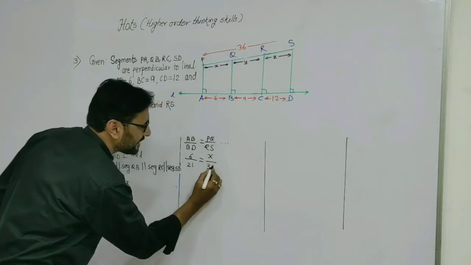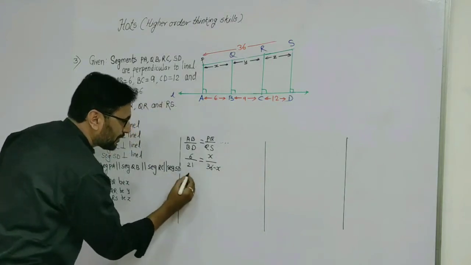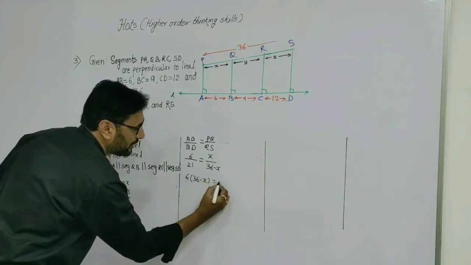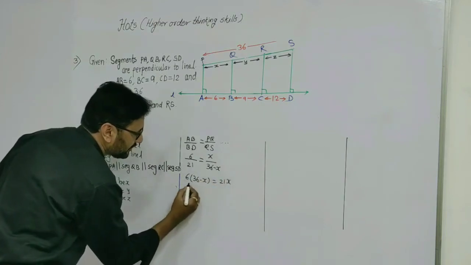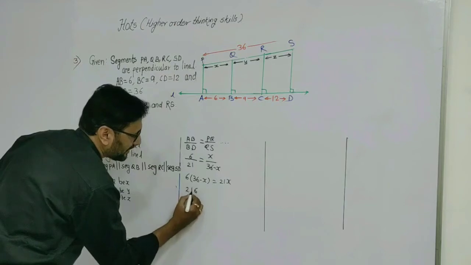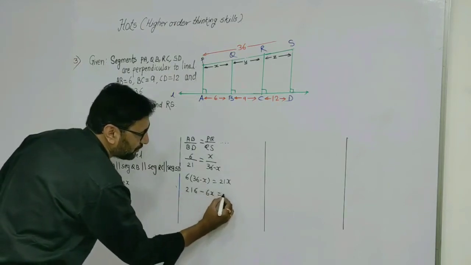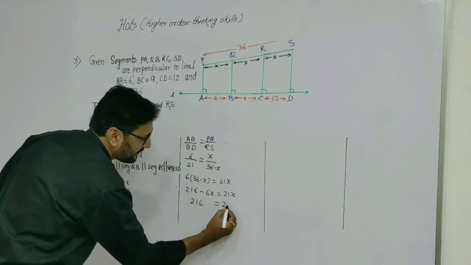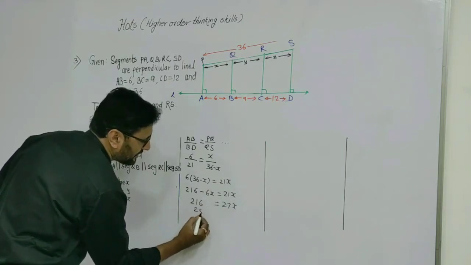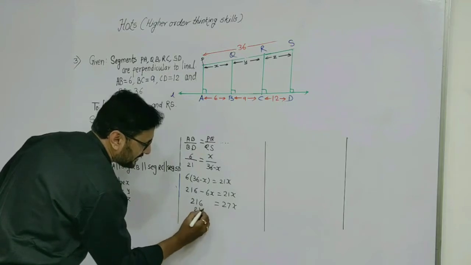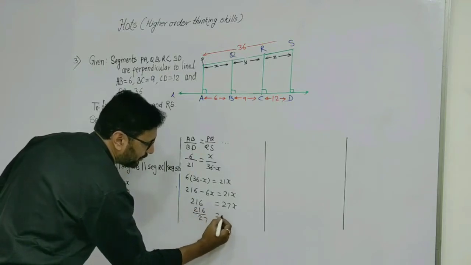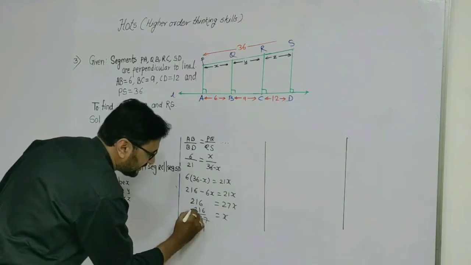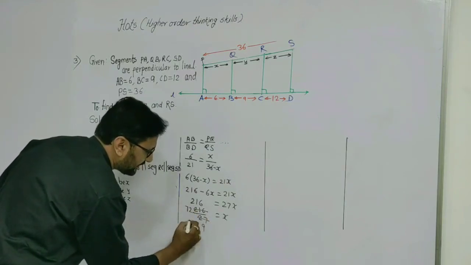So you'll write 36 minus X. Do cross multiplication. 6 into 36 minus X equal to 21X. So 216 minus 6X is equal to 21X. 216 is equal to 27X. 216 upon 27 equal to X. You can divide by 3. 3 9s are 27, 3 7s are 21, 3 2s are 6, 9 8s are 72.